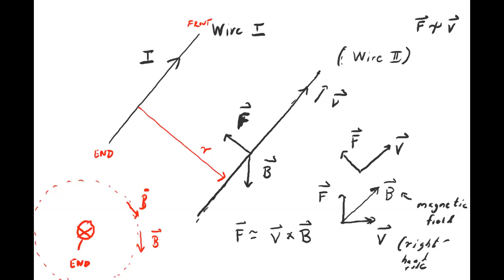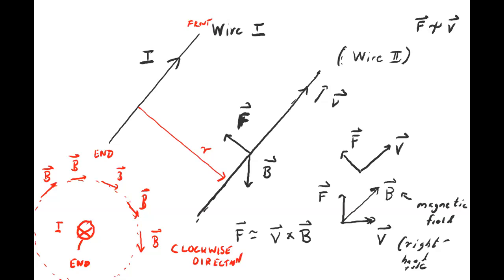And at every point, there's going to be a vector field B. And what I've discovered is for this experiment to work, for wire 2 to be attracted to wire 1, there's got to be a magnetic field B that goes around the wire in a clockwise direction, if you look down the end of wire 1. Okay.